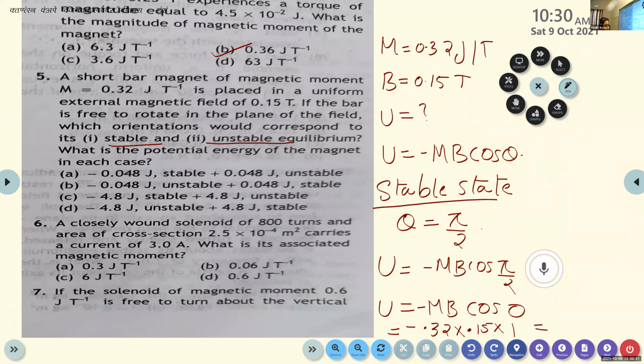Malavika, what about the final answer? I didn't complete, ma'am. Okay.